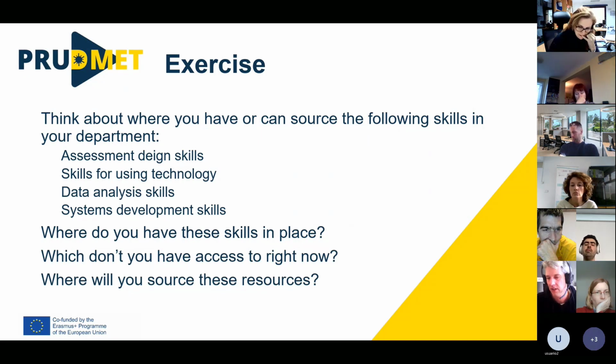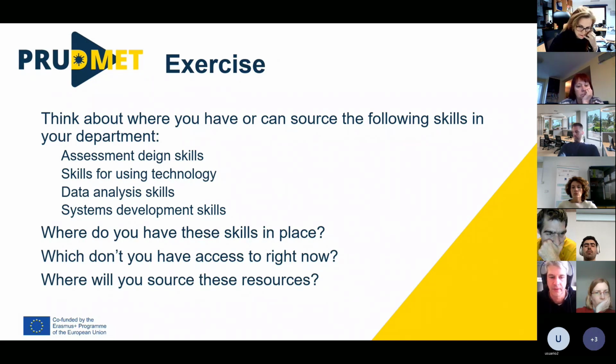As a teacher, as somebody who's setting up learning through technology, the sorts of skills that we need to be able to implement learning gain are assessment design skills, skills for using technology, data analysis skills, because we've got that element at the end, and systems development skills to try and automate things. Now, those skills I'm suspecting will not already exist in every school, every department, every course. And so if you don't have them, you do need to think about where to get them.